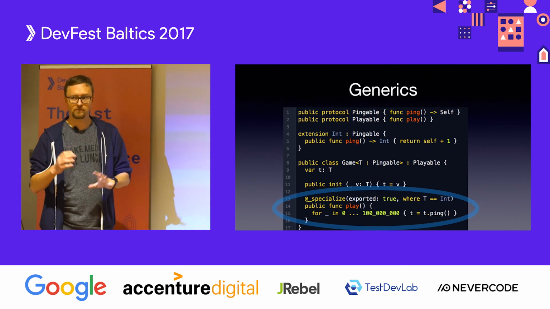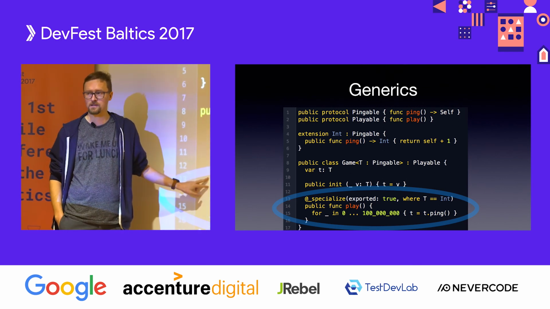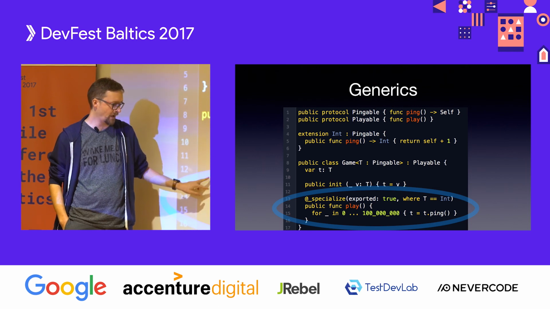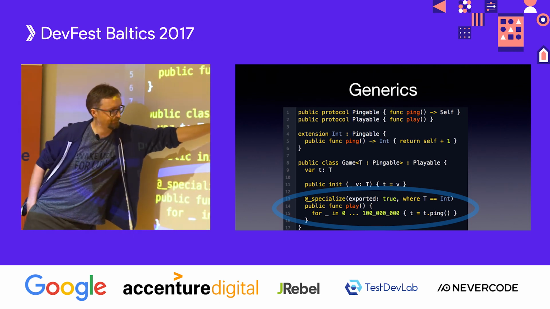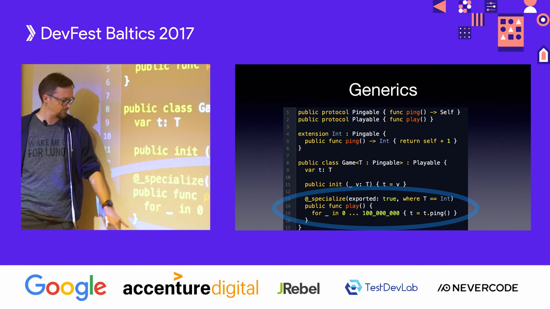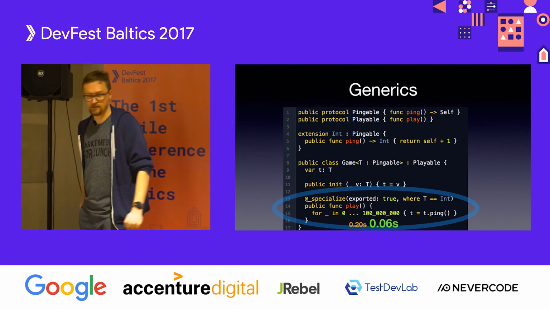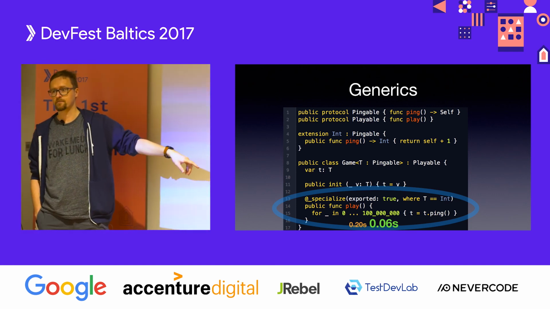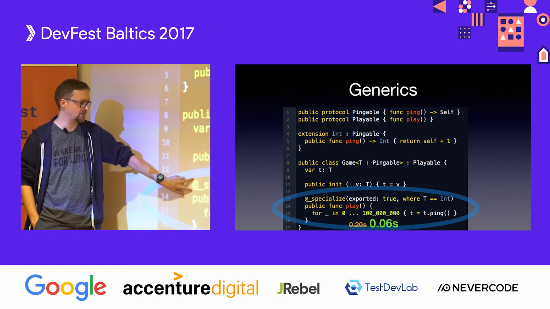I don't know if you noticed, I added specialization. I mentioned specialization on the previous slide. I added specialization that T is Int, and nothing else. Now let's execute: 0.06 s, just by adding the specialization.